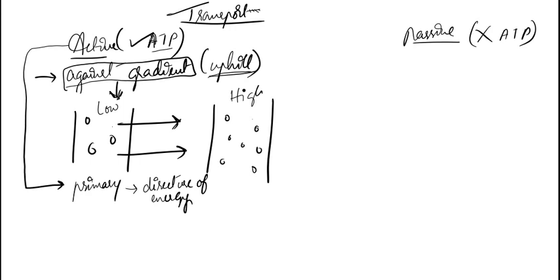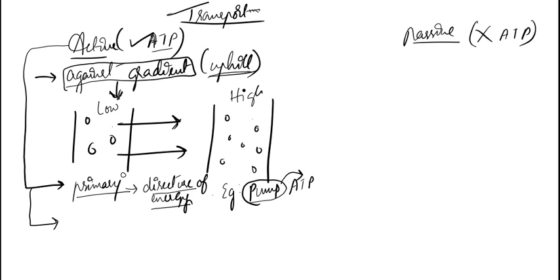Example: pumps, ATP pumps. ATP pumps are pumps which use ATP directly. So the primary active transporters are the ones which directly use the energy for transportation of substances.